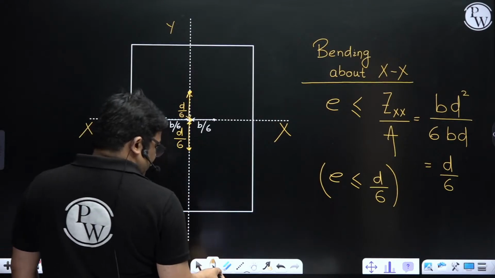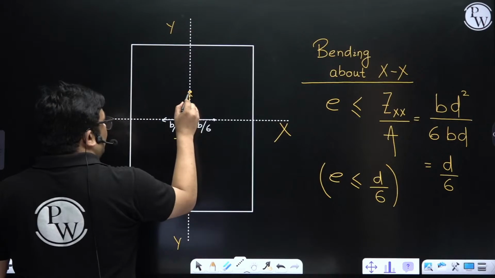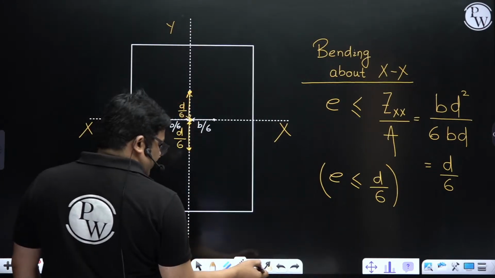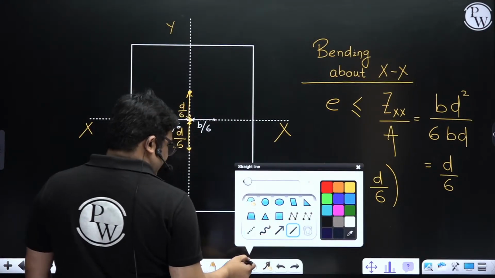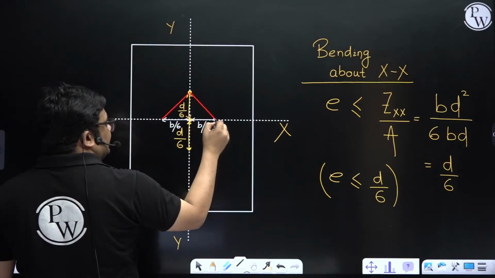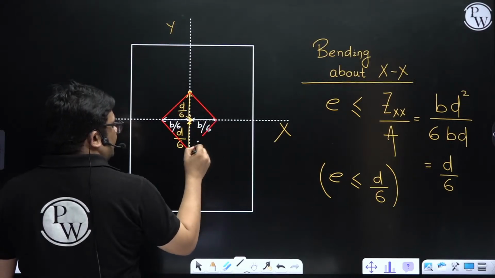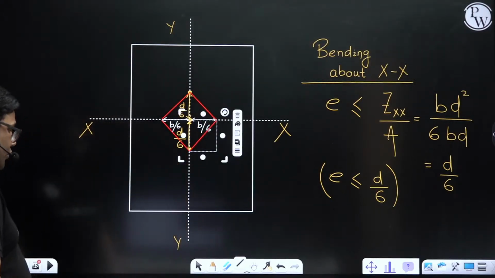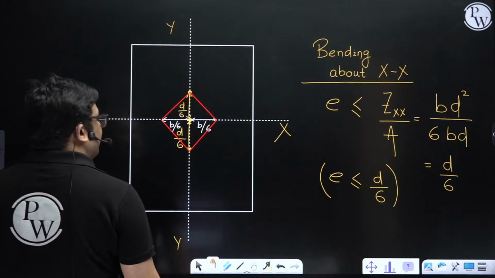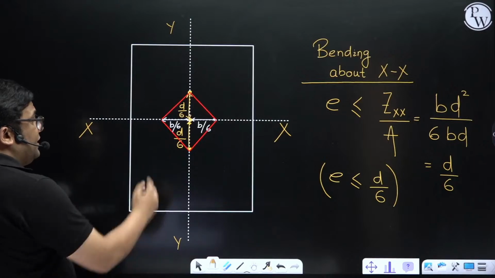So the kern zone will be this one, and the kern zone is actually a rhombus here, something like this. So this is the kern zone. It is a rhombus, and I can ask what the diagonal length is.